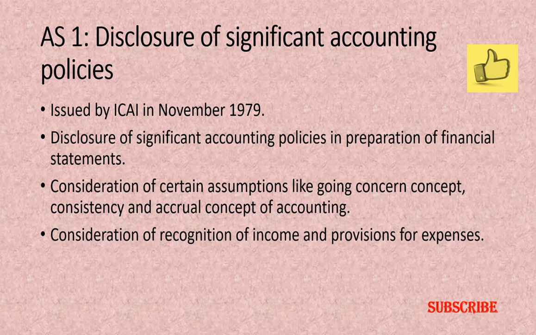Here, whenever the expenditure is due, whenever the incomes are receivable, all those are considered while preparing the financial statements. Then it also considers the recognition of income and the provision for making sufficient expenses.